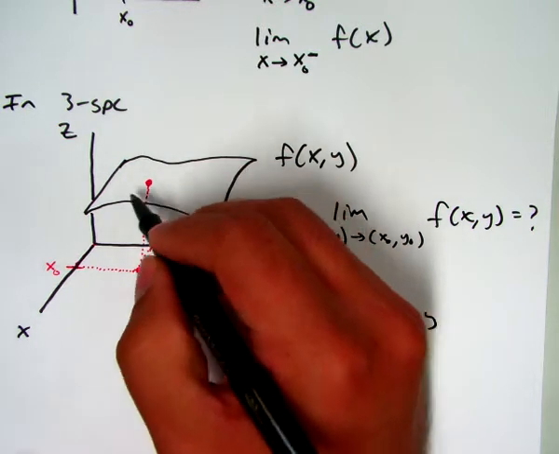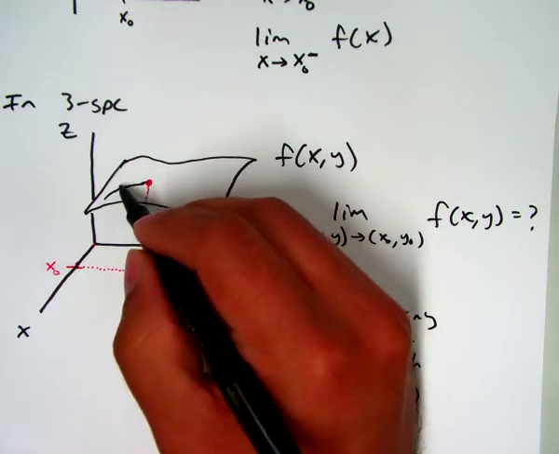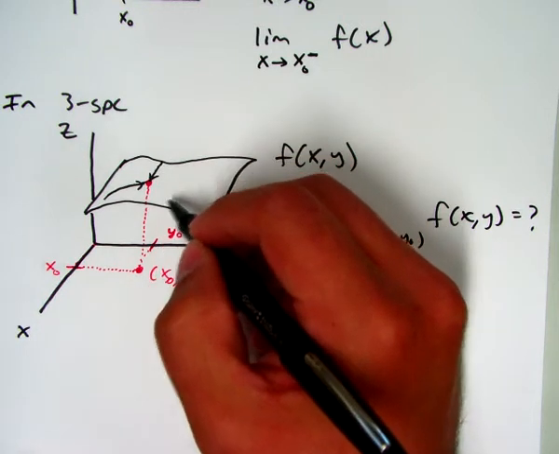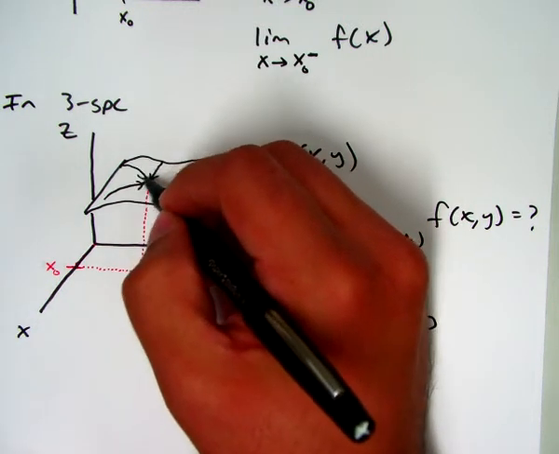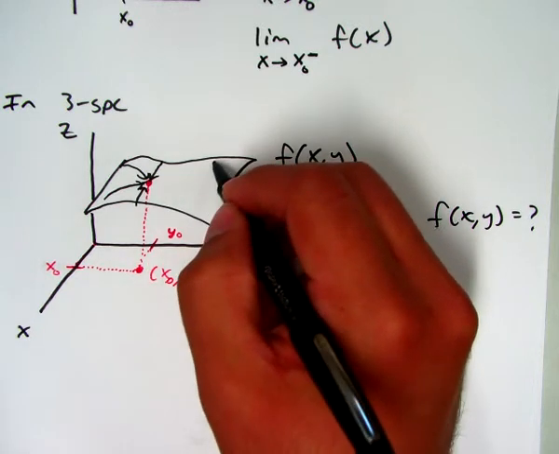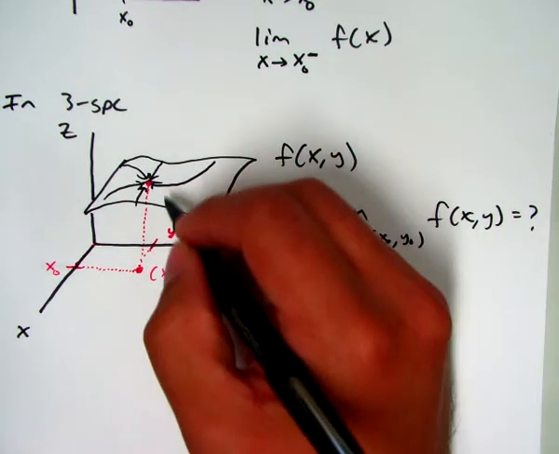So we could get there by following this path. We could get there by going this way, going that way, and so on and so forth.